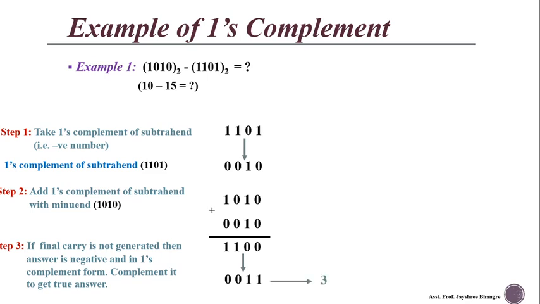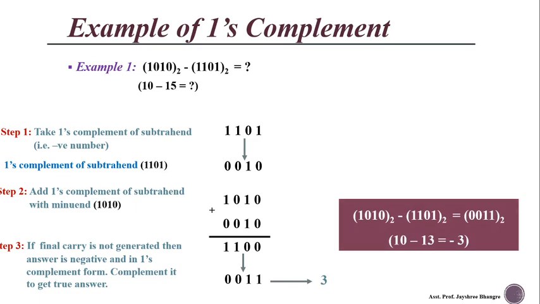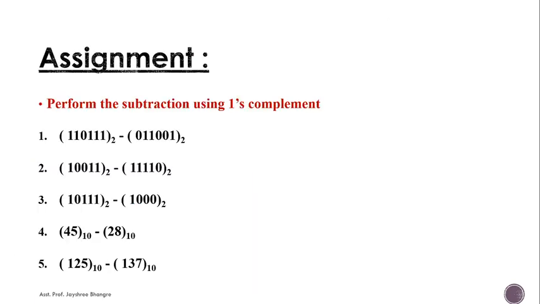So 10 minus 13 is nothing but 3. Here we have to put the negative sign to indicate that the answer is negative. In this way we can perform subtraction in the binary number system using 1's complement. So this is the assignment based on this 1's complement.